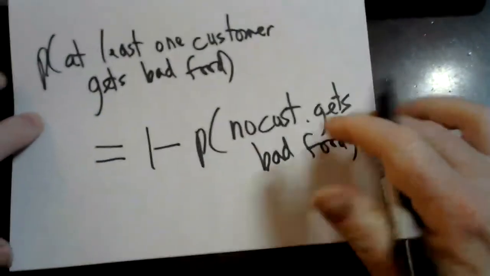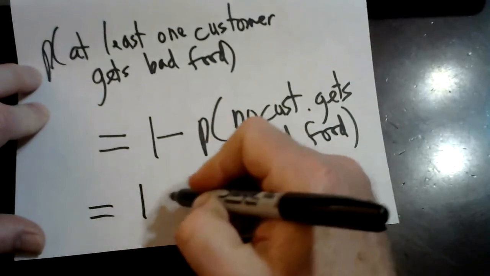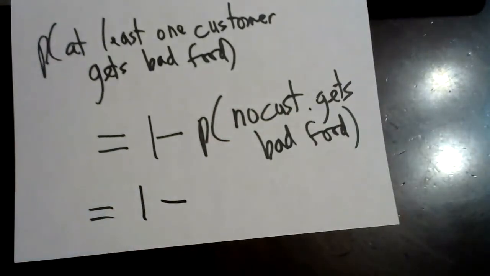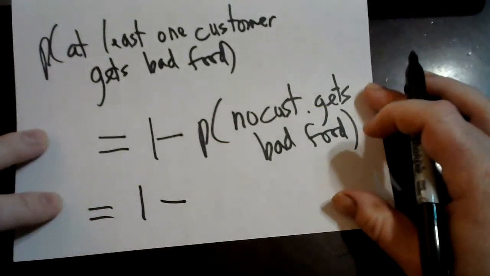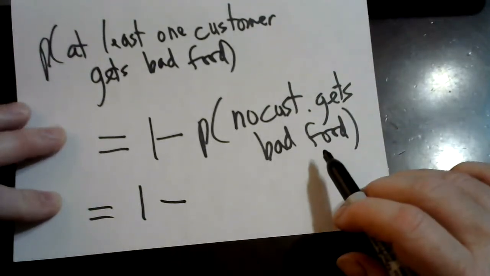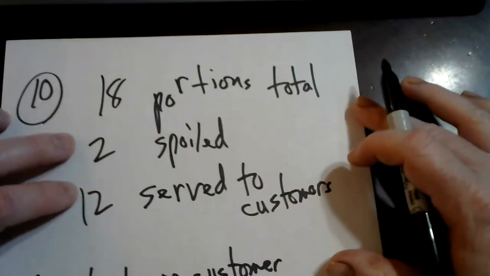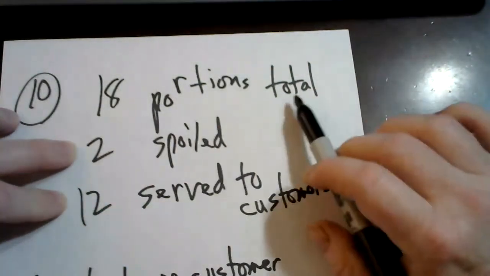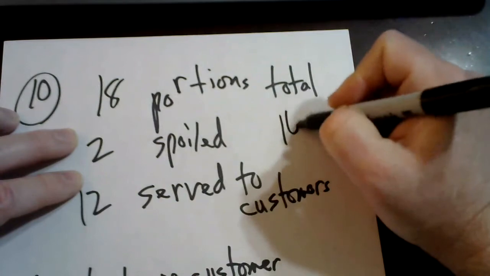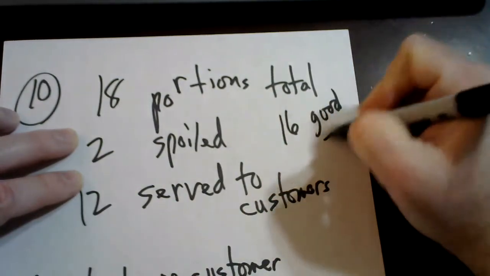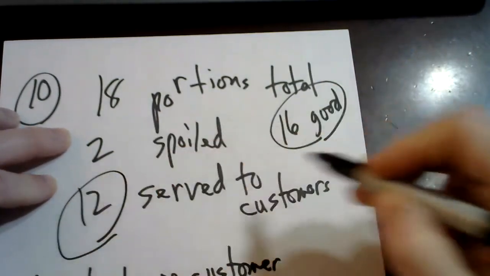All right. So very similar to the last problem, it's going to be a ratio of 2 combinations. So let's see if we can figure it out. Well, if no customer gets bad food, then they all got good food. So let's calculate the number of portions that are actually good. Well, 18 total, 2 were spoiled. That means 16 portions are good. But we're going to serve 12 of them.